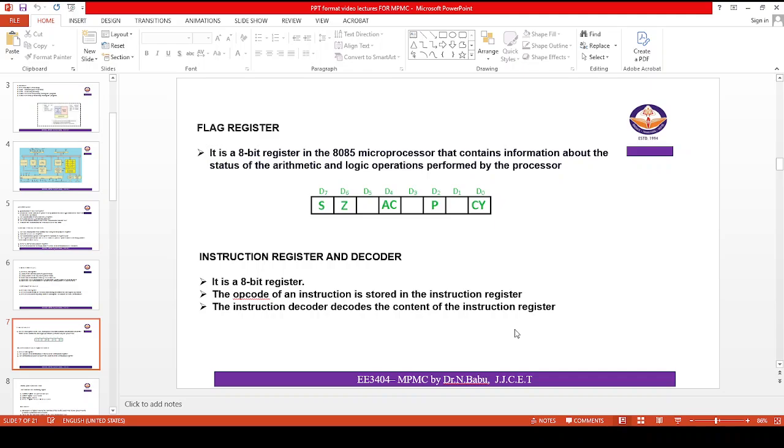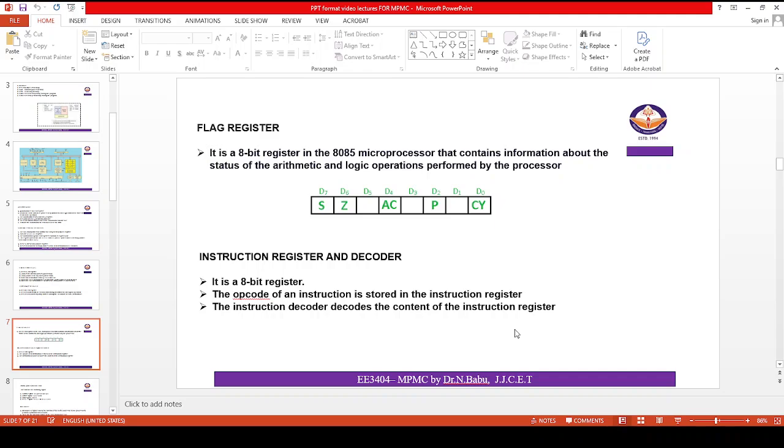Next, instruction register and decoder. What is an instruction? An instruction is a command given to the processor. Based on the instruction only, the processor processes the data. The data is obtained from input. Initially I explained this clearly. The instruction is a command, a mnemonic. ADD means addition of two 8-bit numbers.